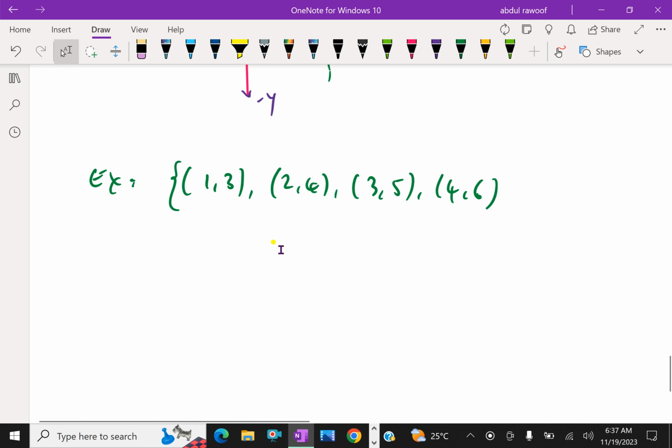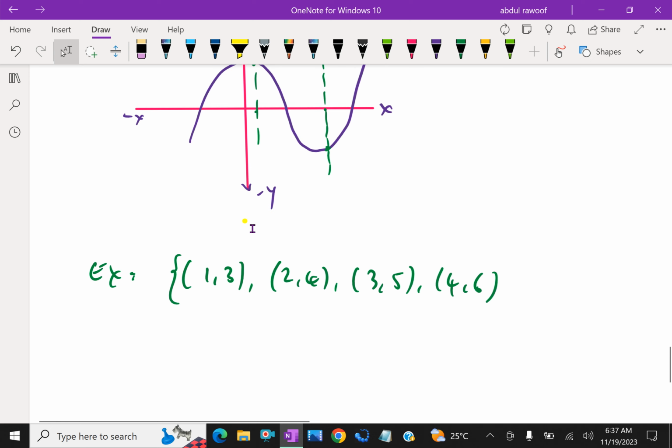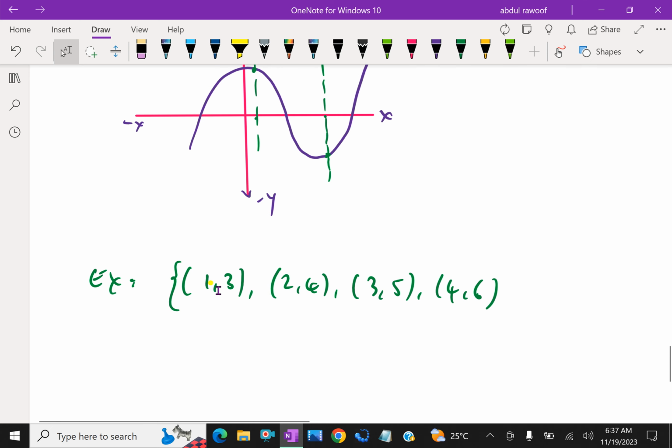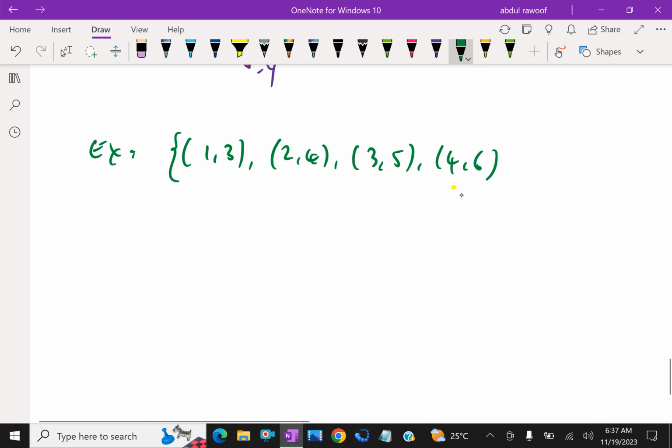Here, for x is 1, y is 3; x is 2, y is 4; x is 3, y is 5; x is 4, y is 6. For a particular value of x, the y value is different. There is no matching y value for a particular value of x. Therefore, this relation is a function.